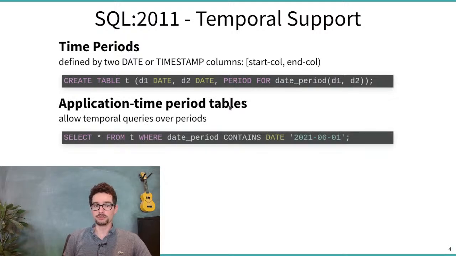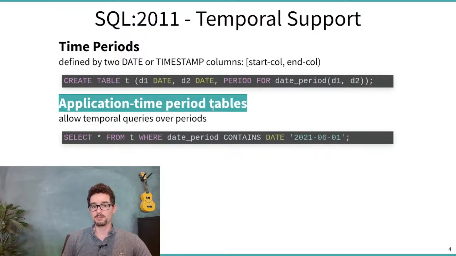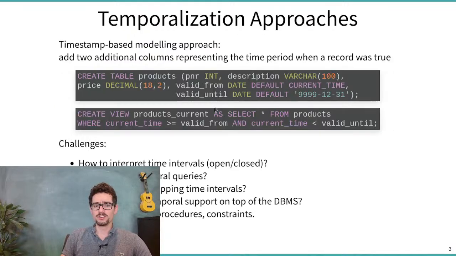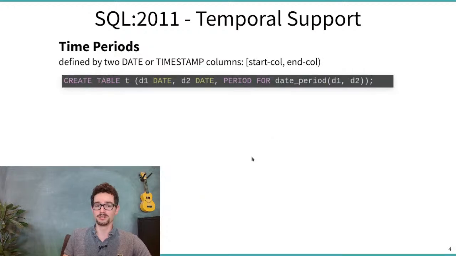The second feature, which was introduced in the temporal standard of SQL, is application time period tables. This is basically the thing which was already possible in 1999: to simply add two columns in your table and then use greater, equal, between, and so on.